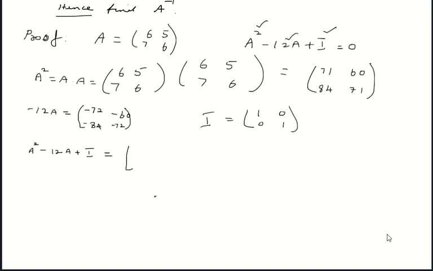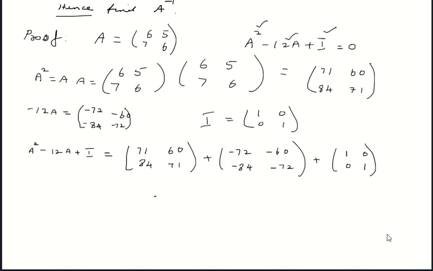So it is A square, that is 71, 60, 84, 71, minus 12A matrix. Since I have taken that minus 12 inside, I am putting a plus sign here: minus 72, minus 60, minus 84 and minus 72, plus I matrix, plus 1 0 0 1.